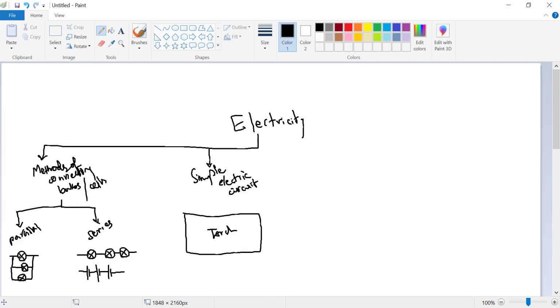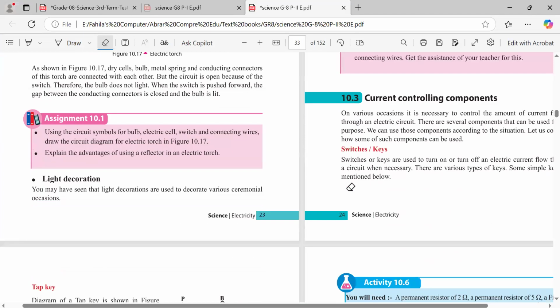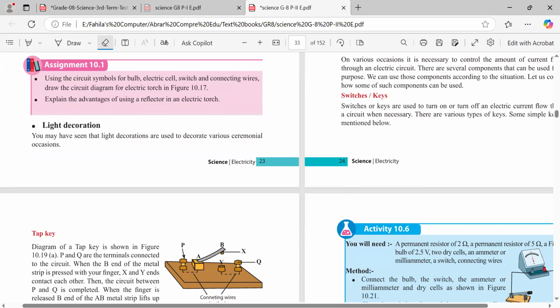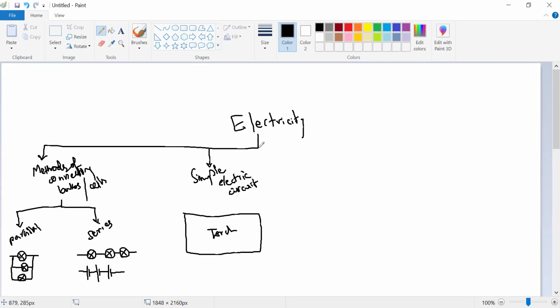Okay, right. Then you learned about current controlling components. This is also an important part. How do we control the current? You don't want the current to flow through every time in a particular way. You must be able to control it, Putha.